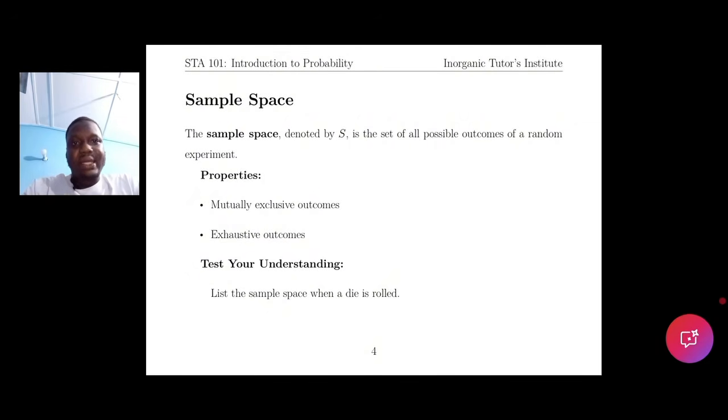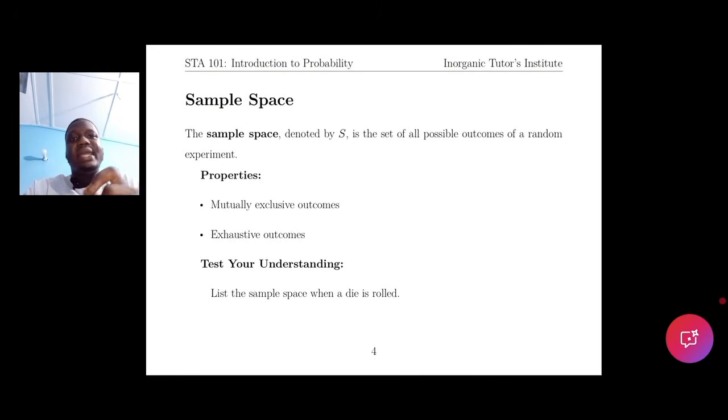If you are going to take a test out of 60, the possible outcomes are 0 over 60, 1 over 60, 2 over 60, up to 60 over 60. So this set from 0 to 60 is what we call a sample space. If you are rolling a die, what are the possible outcomes? You might get 1, 2, 3, 4, 5, or 6.